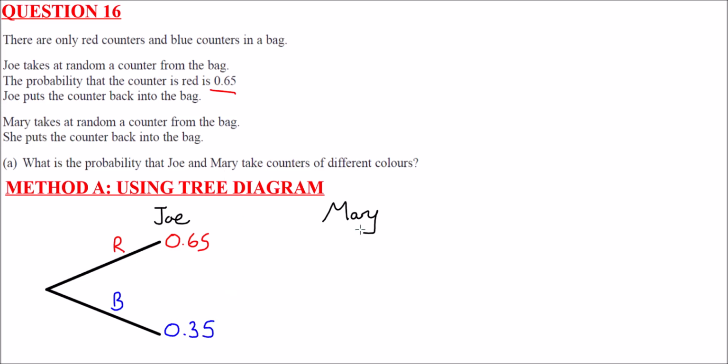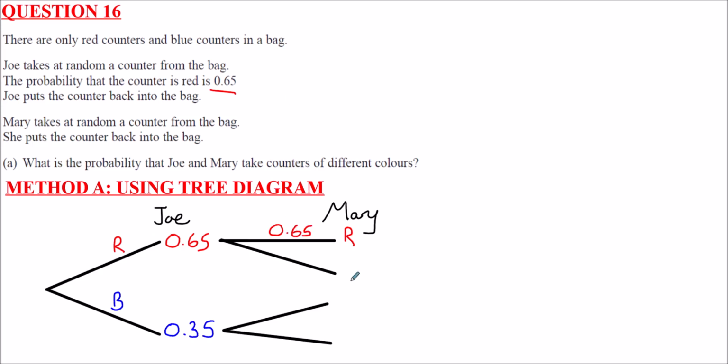Then, the second event is Mary picks a counter. So Mary could either pick a red or a blue. If Joe had picked a red, or if Joe had picked a blue, again, Mary could pick, after this outcome, either a red or a blue. So the chance of Mary picking a red is the same as the chance of Joe picking a red, because all counters were put back as they were.